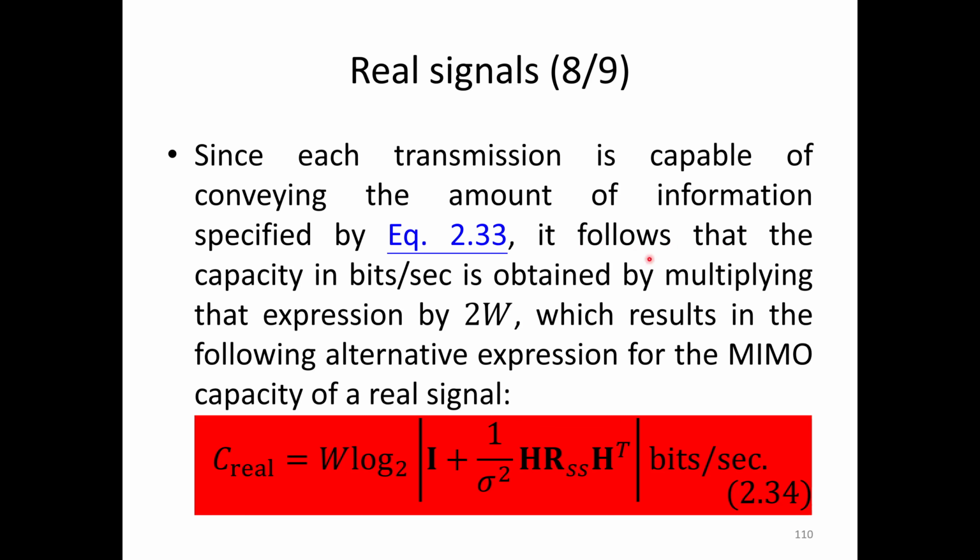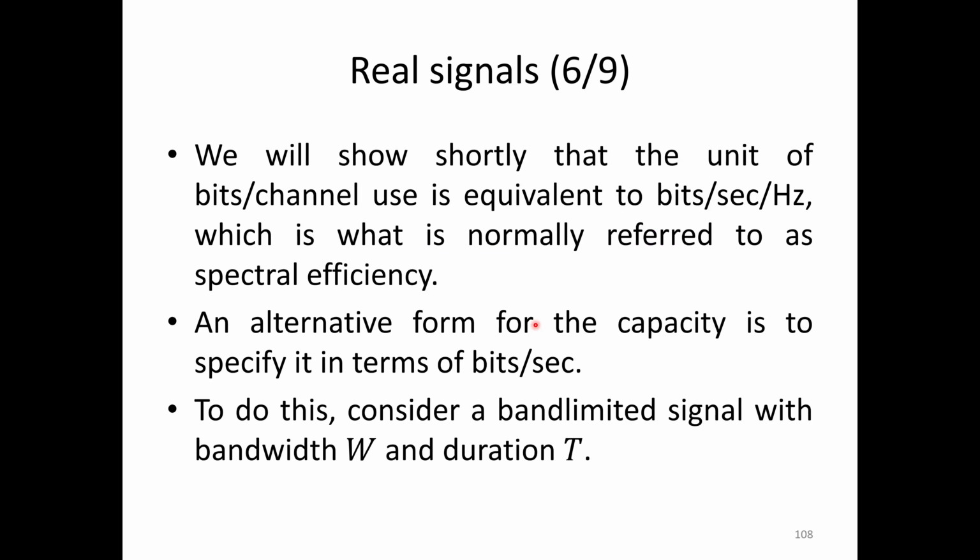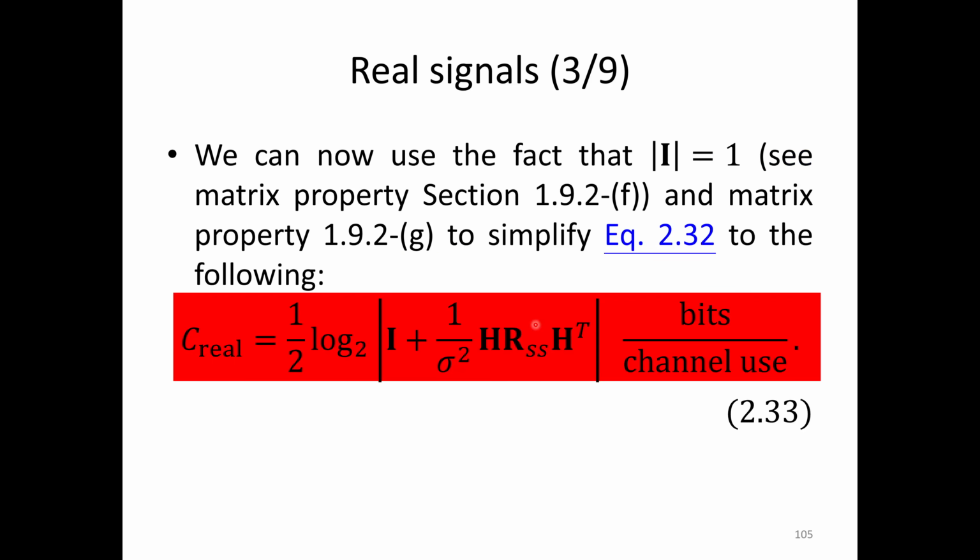It follows that the capacity in bits per second is obtained by multiplying that expression by 2W. That is, bits per channel use, and the number of channel uses is 2W per second.